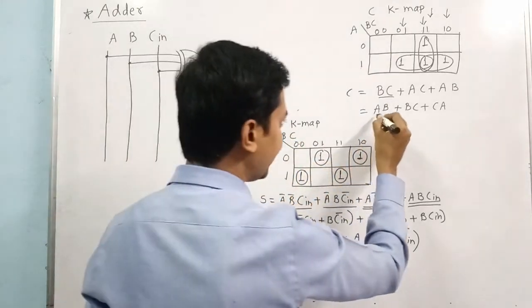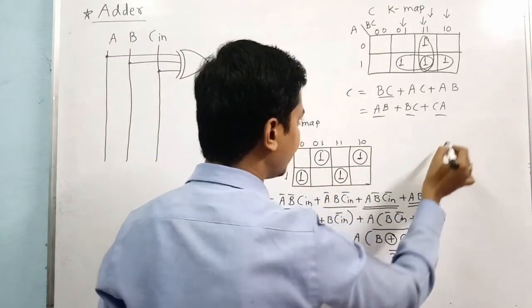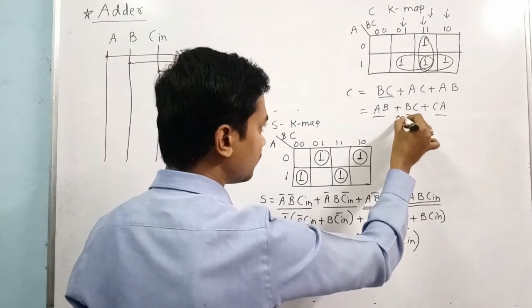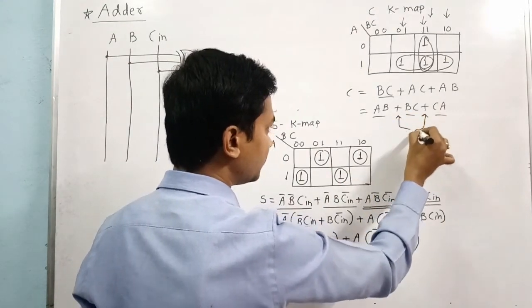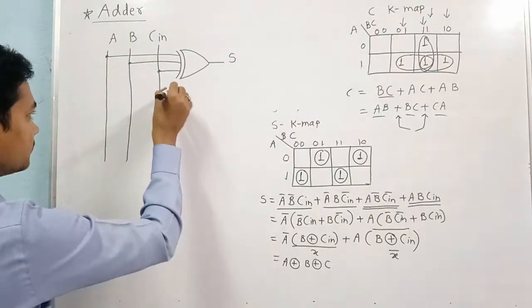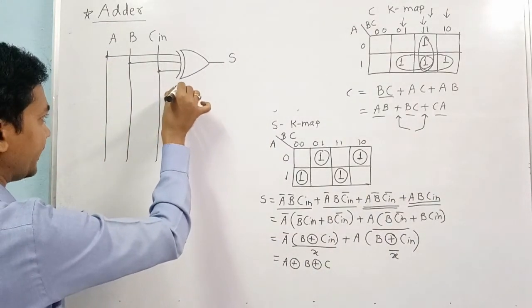For obtaining the carry out we should use 3 AND gates, first, second and third AND gate, and finally we have to perform the ORing of the outputs of the AND gates. So first we will draw the AND gates.